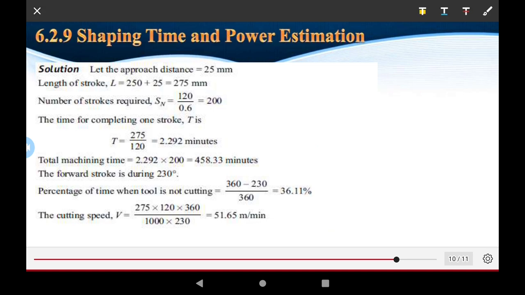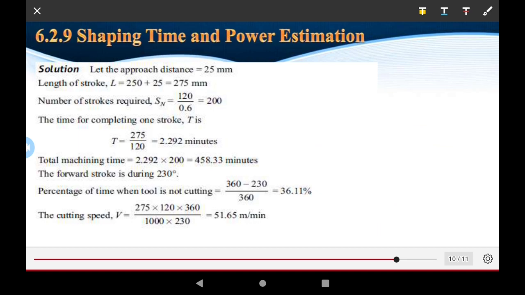Okay, and the total machining time required is the time for one stroke, 2.292, into the number of strokes required, 200.